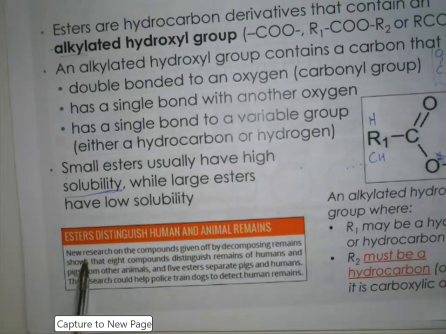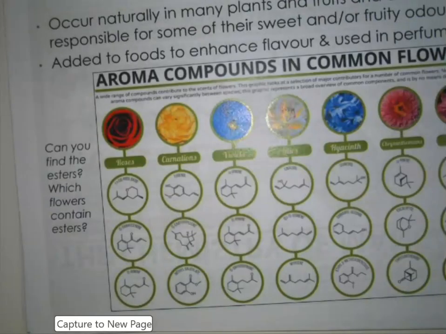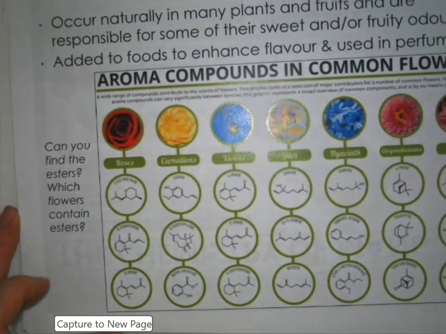New research has shown that the compounds given off by decomposing remains distinguish humans and pigs from other animals. So 5 esters separate pigs and humans, and because there are these different compounds, the research can help police train dogs to detect human remains, right? Because they would want to make sure that they are identifying the esters that are associated with the decomposition of the human body.